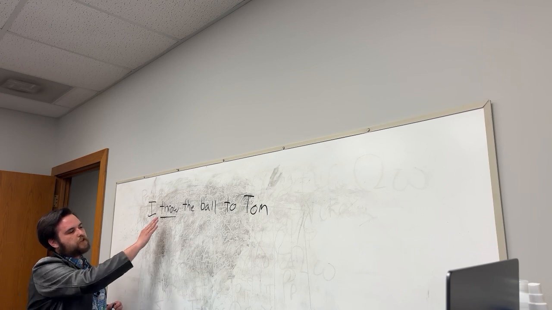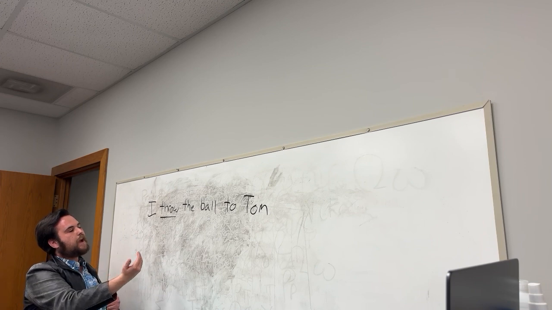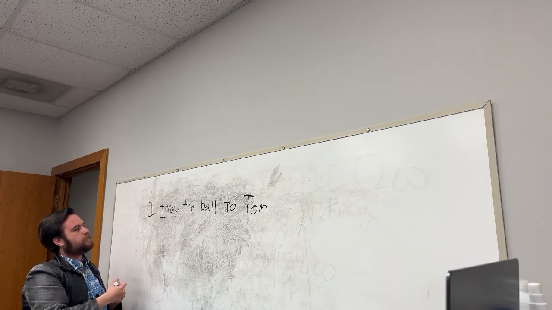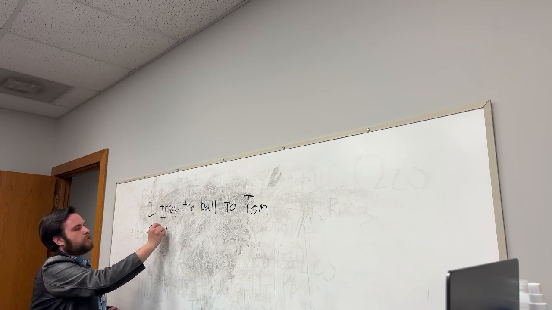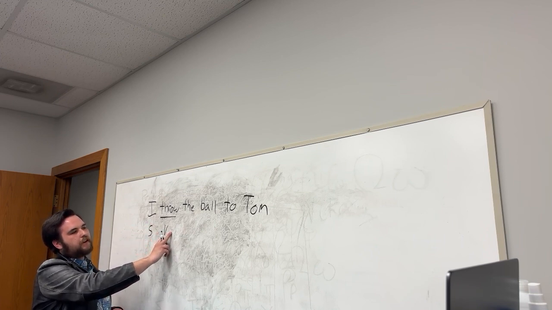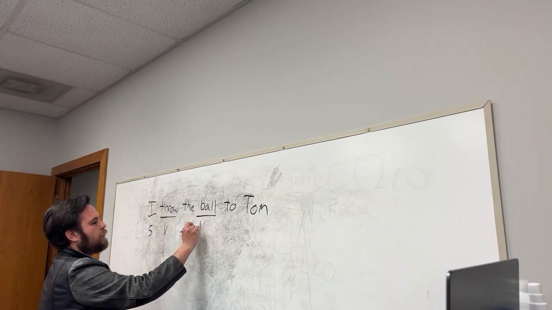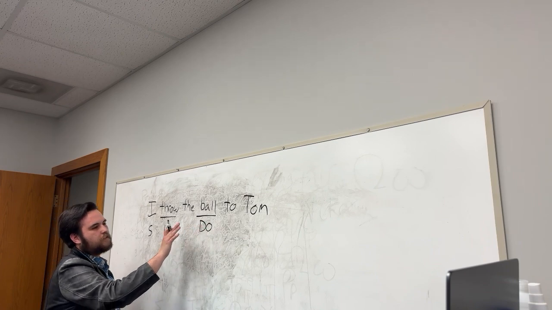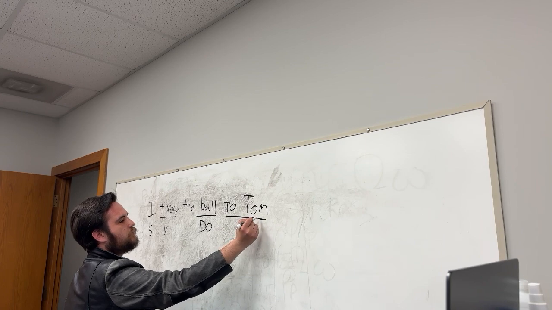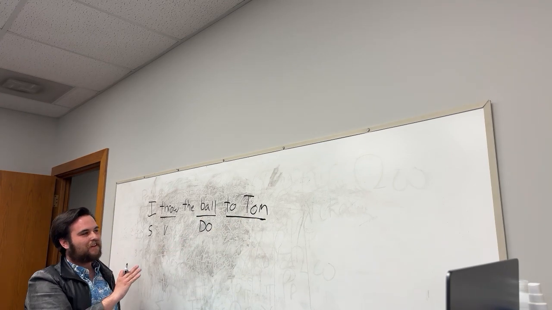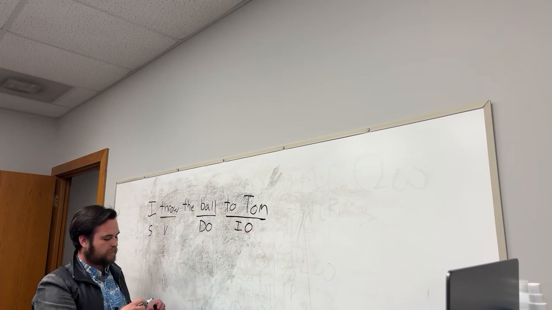And the verb is something that's being acted by the subject, which would be I. This would be the verb. And then it's acting on the ball. This would be the direct object. And the indirect object, the one who's not being acted upon, but is kind of getting the result of the direct object, would be the indirect object.